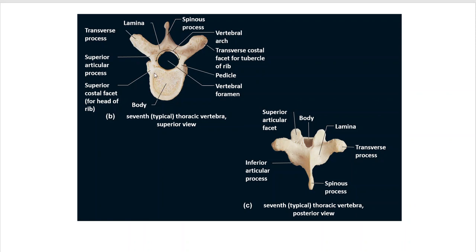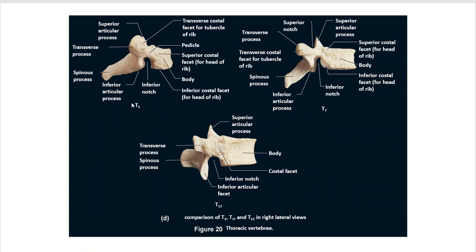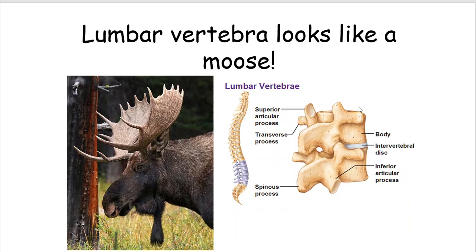Exactly the same thing. Also, these guys are kind of shaped heart-like. Transverse costal for the rib tubercle. Okay, inferior notch, part of the intervertebral foramen. You guys can look at all of these. There's really nothing new that I'm telling you on this.